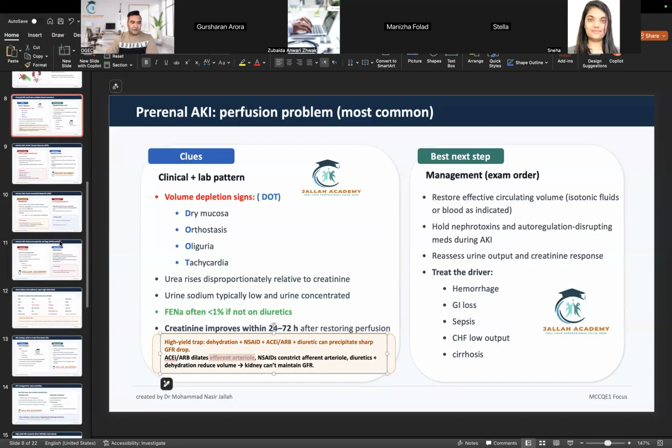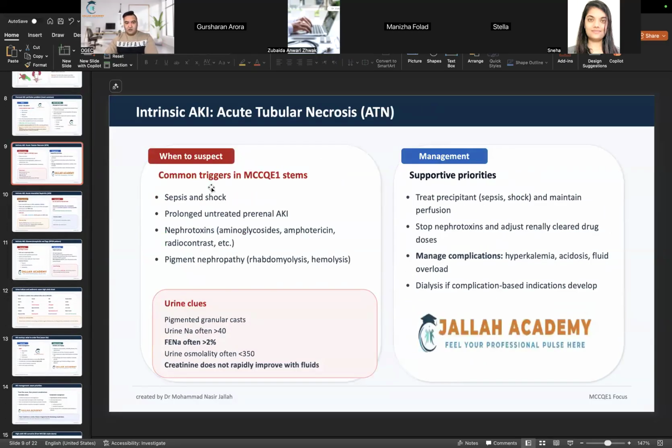we approach. All right, so intrinsic. Again, common triggers. When should we suspect? We know now the pre-renal. We know, right? The patient will have those characteristics. Remember the dot? And also the sepsis and CHF, right?